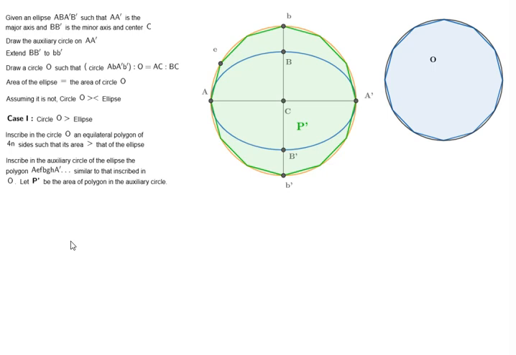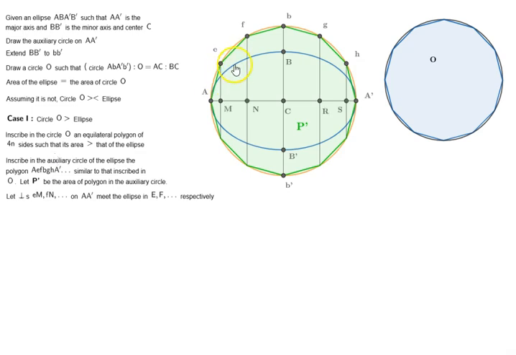Let this be e, f, g, h. Let P prime be the area of the polygon in the auxiliary circle. Let perpendiculars be drawn from lowercase e, f, g, h on A A prime, meeting the ellipse at capital letters E, F, G, H. And let's mark the points on the major axis.